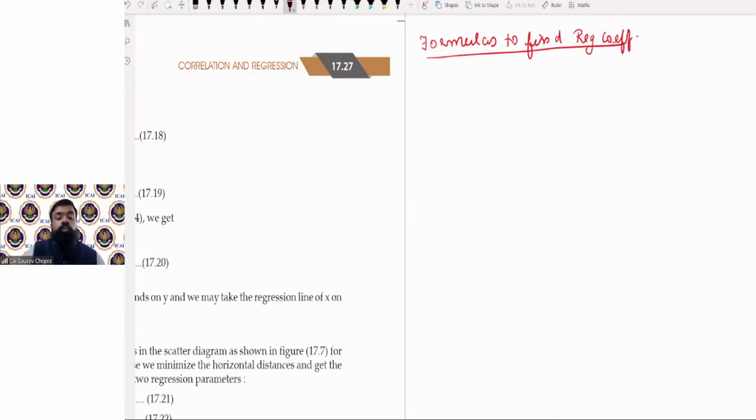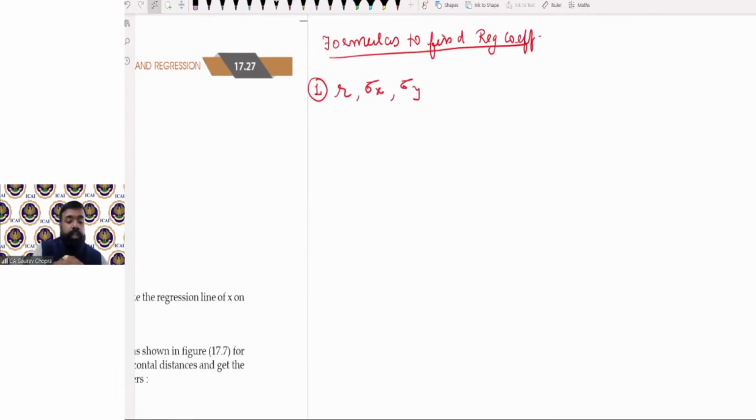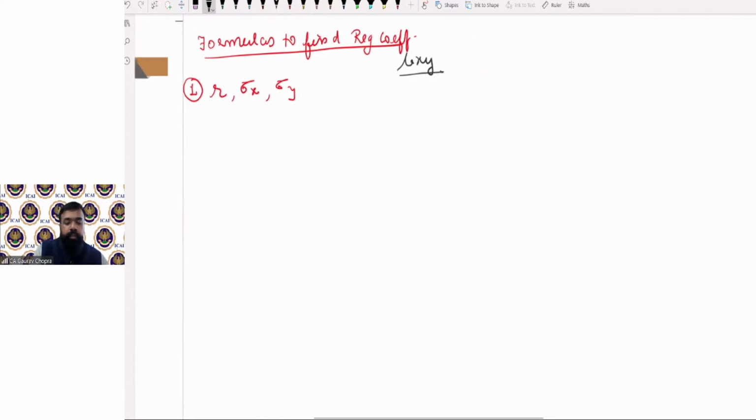What are the formulas to find the regression coefficient? The first formula will be applicable when r, standard deviation of x and standard deviation of y, these values are given. When all these values are given, then we can apply the first formula.